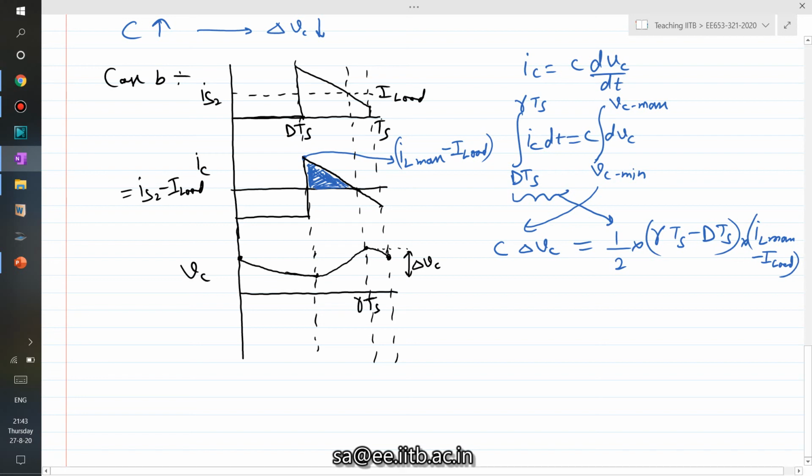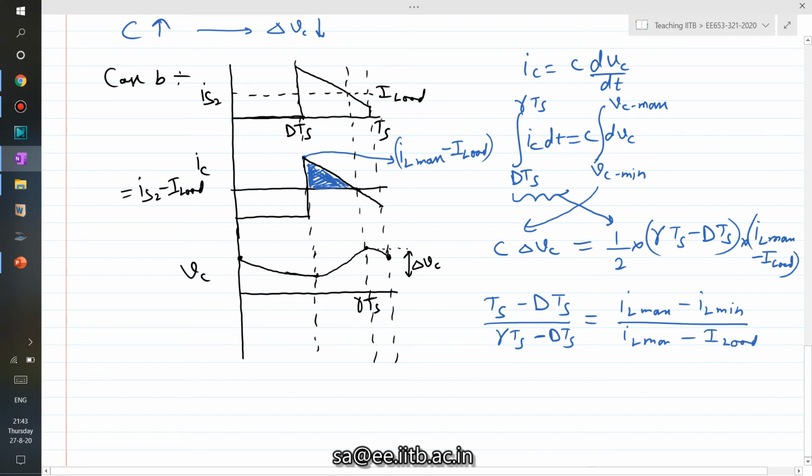You can use the basic triangle property and you can write that Ts on the x-axis minus dTs upon gamma Ts minus dTs is given by, on the y-axis, IL max minus IL min upon IL max minus I load, right?